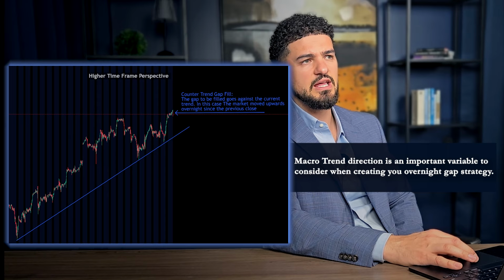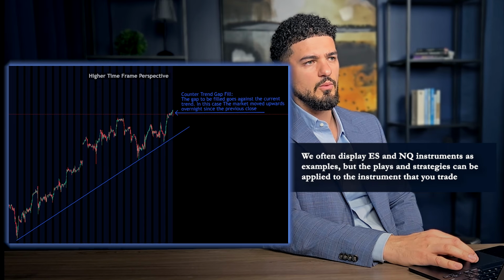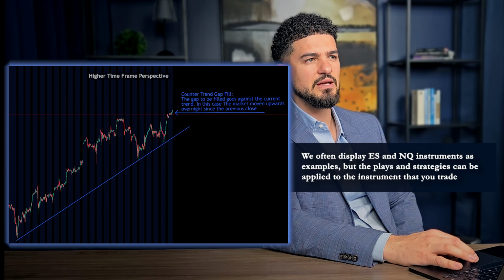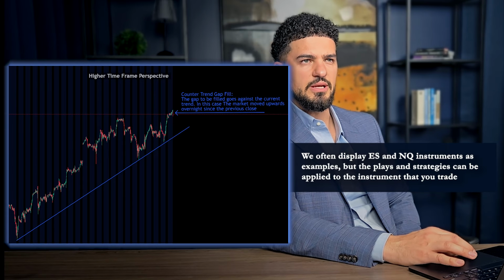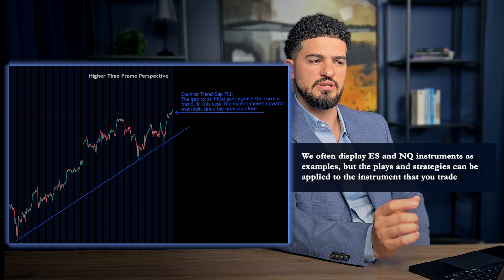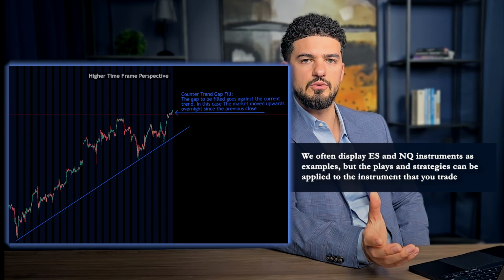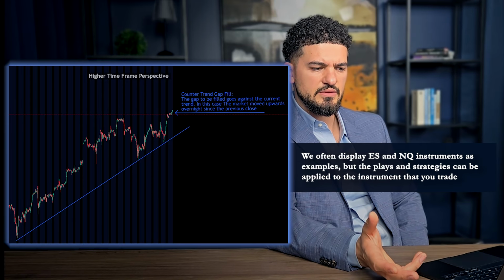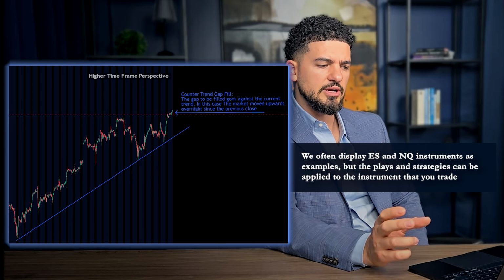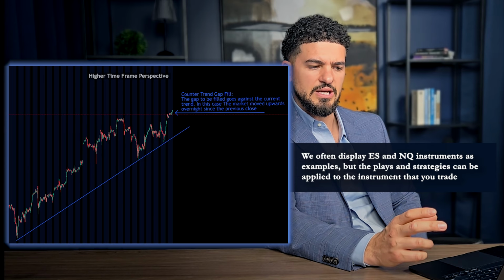You can say, okay, in this market where we're uptrending, are we seeing a pattern and opportunities for overnight gaps that go against the main trend? That would mean that you'd fill the gap between yesterday's close and the open, and then continue with the trend.